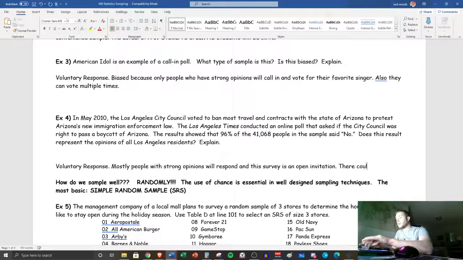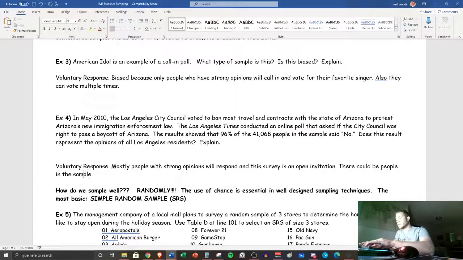There could be people in the sample who do not live in LA. That could happen.